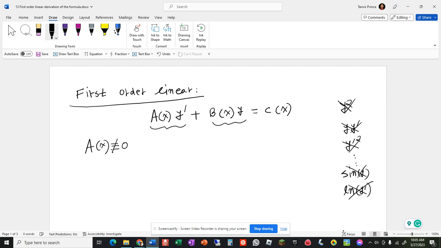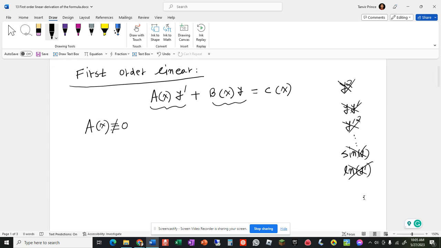Okay. A very quick explanation. There is a difference between writing a of x equal to 0 and a of x with the three-line equals sign equal to 0. The first means you're basically solving for x.